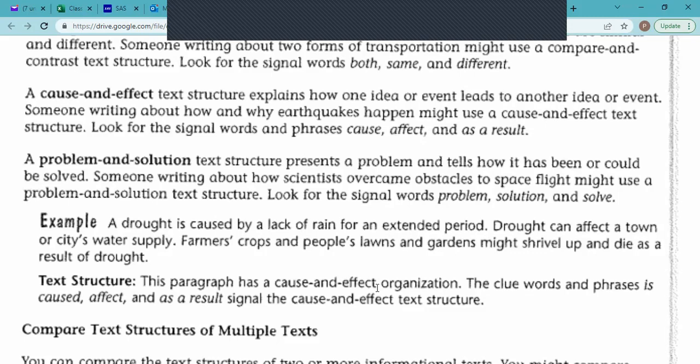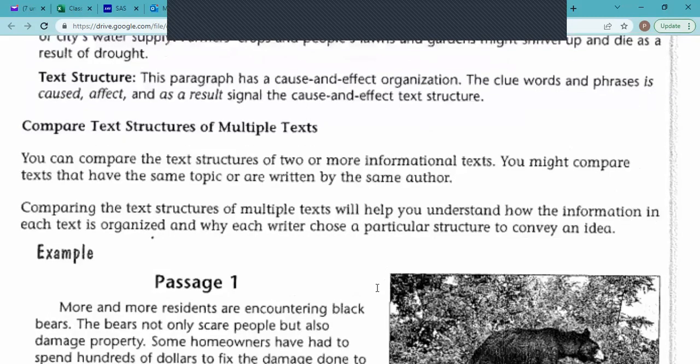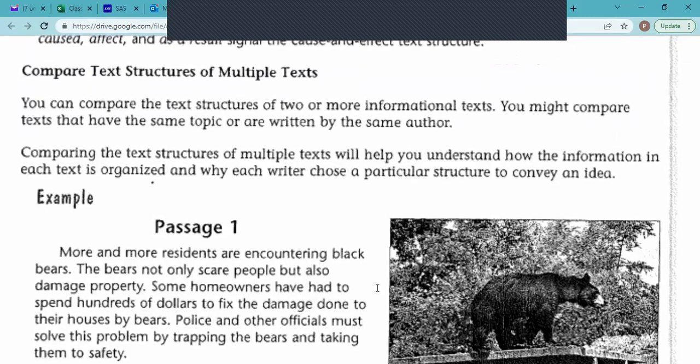So let's go on down and compare text structures of multiple texts. You can compare the text structures of two or more informational texts. You might compare texts that have the same topic or are written by the same author.